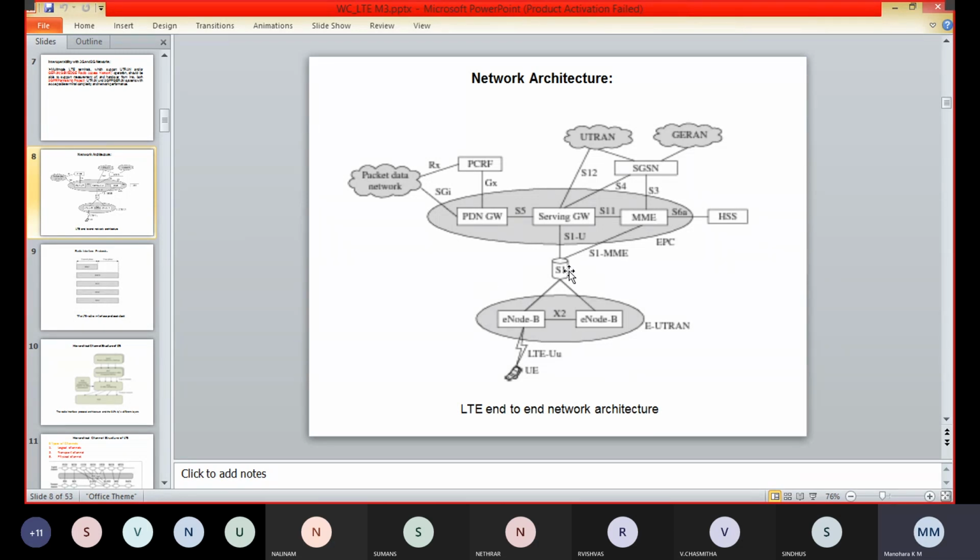The next component we have is the serving gateway, the serving GW. The serving gateway terminates the interface towards E-UTRAN and routes the data packets between E-UTRAN and EPC.